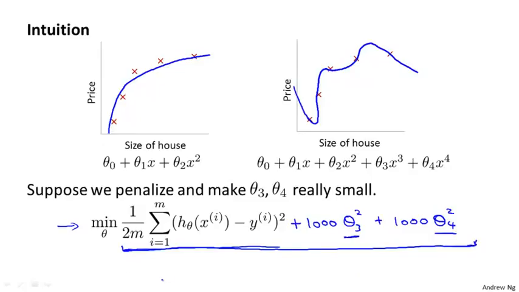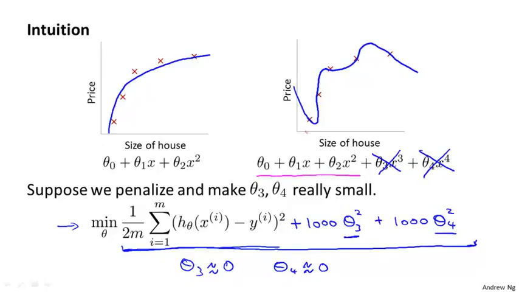So when we minimize this new function, we're going to end up with theta 3 close to 0 and theta 4 close to 0. And that's as if we're getting rid of these two terms over there. And if theta 3 and theta 4 are close to 0, then we're basically left with a quadratic function.